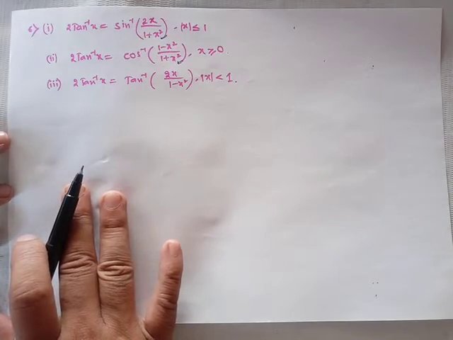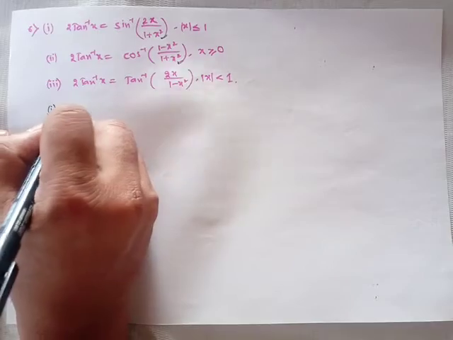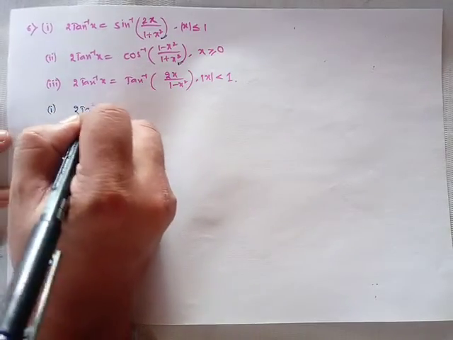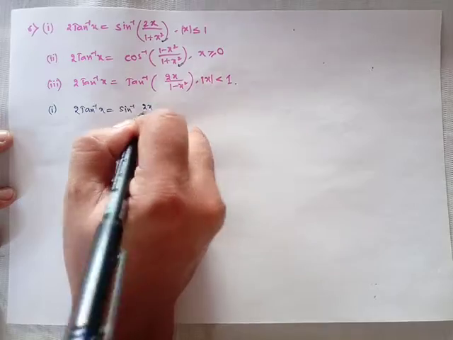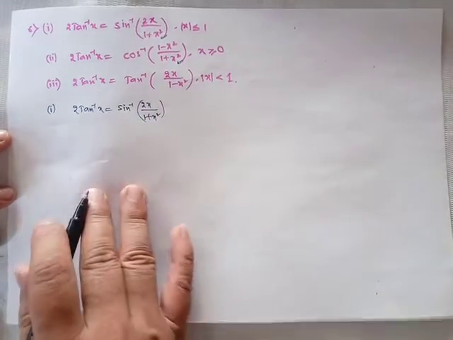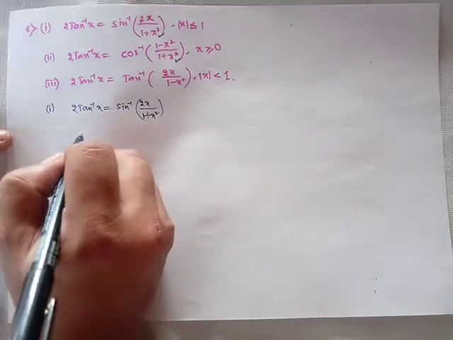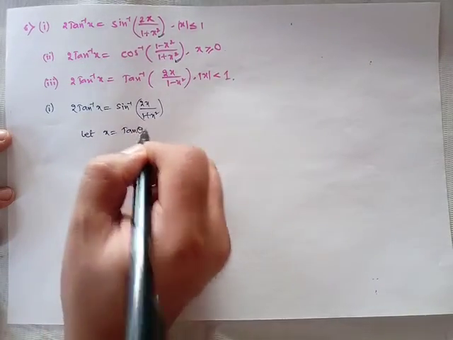Now coming to the proof, consider the first one. 2 tan inverse x is equal to sin inverse of 2x by 1 plus x square. Consider x is equal to tan theta.